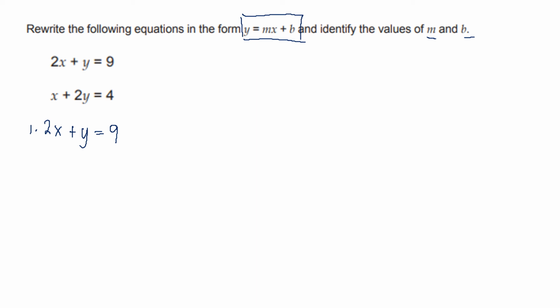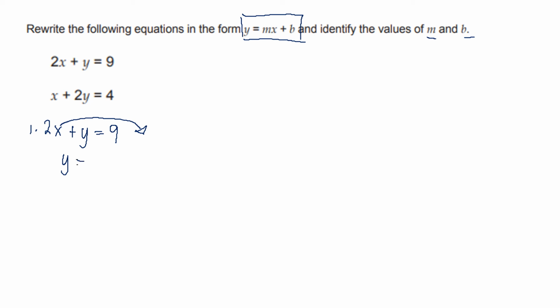Therefore, we need to isolate y. So since y is already positive, I will just make sure that it's in this left side. So y. But it has 2x here. I don't need the 2x. I need to transpose it to the right side so that y becomes isolated in the left. So the sign will change, rather, because we moved it to the opposite side of the equation.